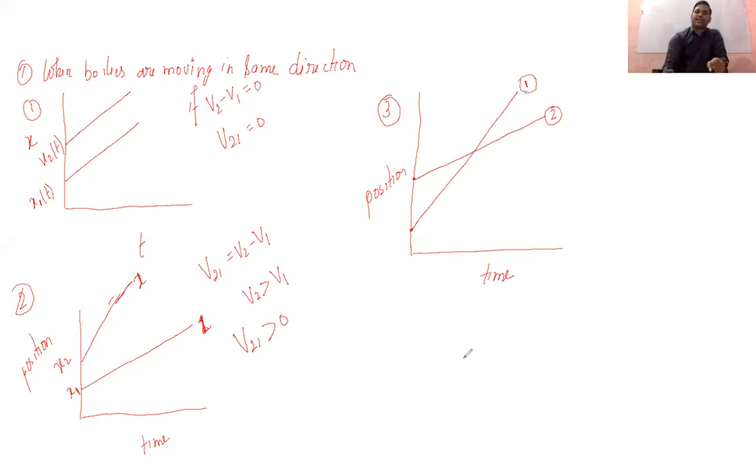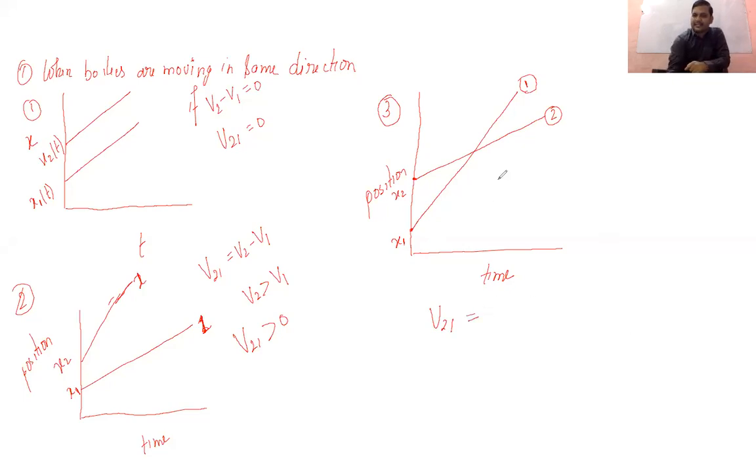This was the position of x2, which is 0, and this was the position of x1 at time t equal to 0. Now consider the velocity of 2 with respect to 1.